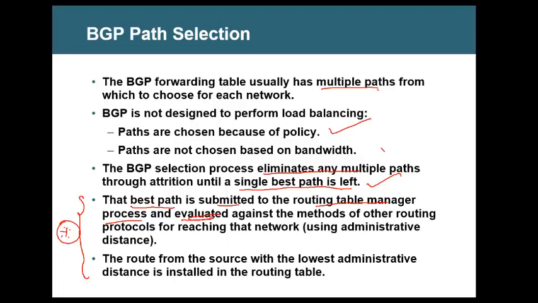Who evaluates? The routing table manager evaluates. This is not only for BGP, this is for every routing protocol. If OSPF gives a route, the routing table will say, wait a minute, let me check whether you are good or EIGRP is good.